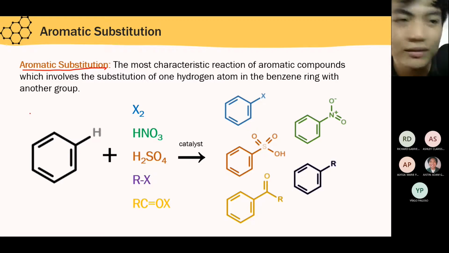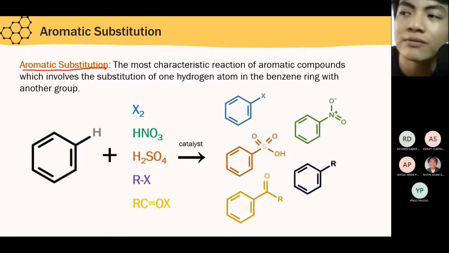So, anong gagawin? Instead of removing the double bonds, just like what we do in addition reaction of alkene, magsa-substitute na lang tayo ng specific group of atoms sa benzene ring. Ano meaning ng substitution? Di ba may mga hydrogen dyan?